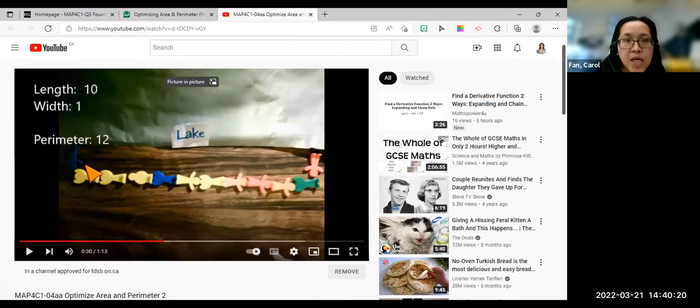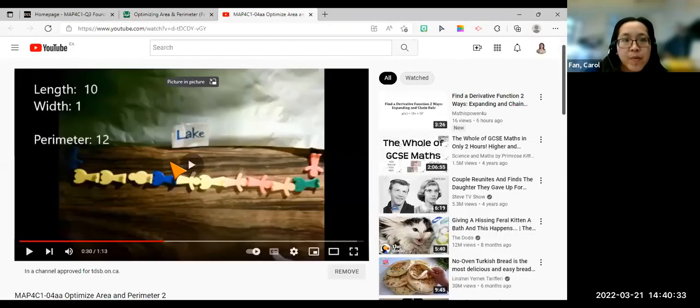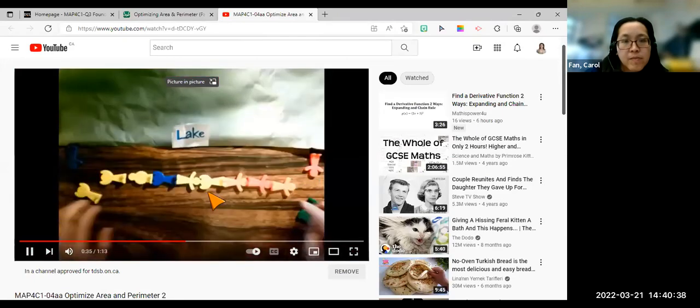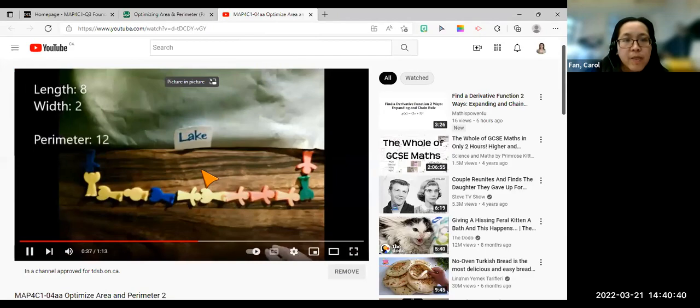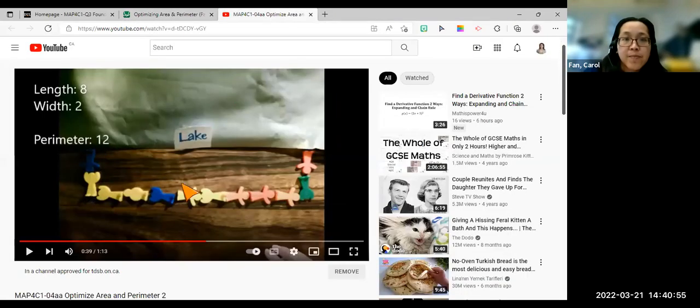Okay, so in this case, we have a length of 10 and the width of 1. Length of 10, width of 1, the area is 10 meters squared. Okay, let's do another one. We now have 2 for our width, and this is a length of 8. Area of 16.